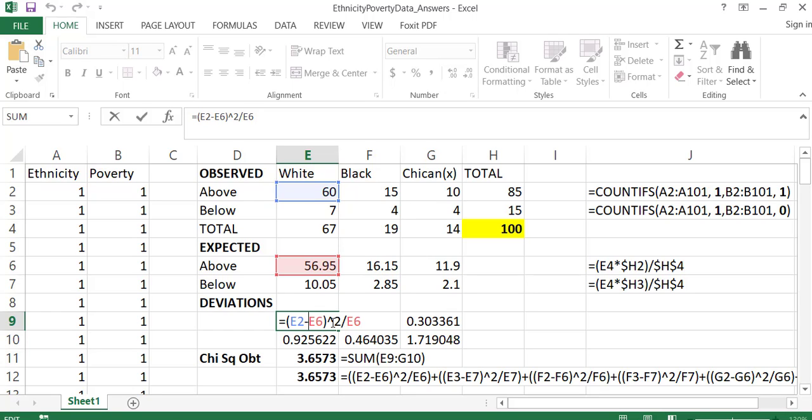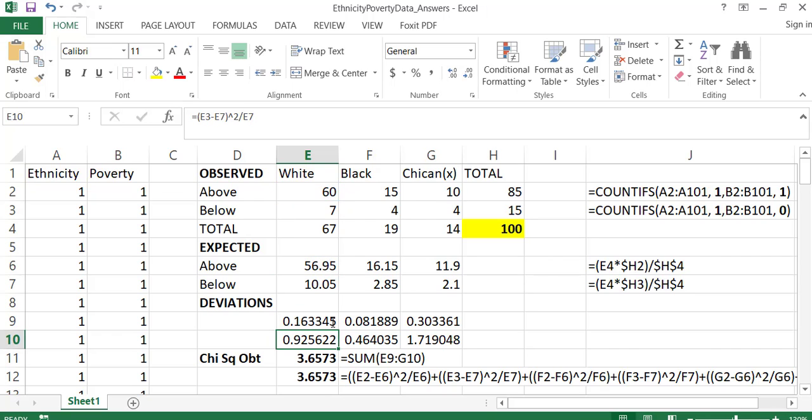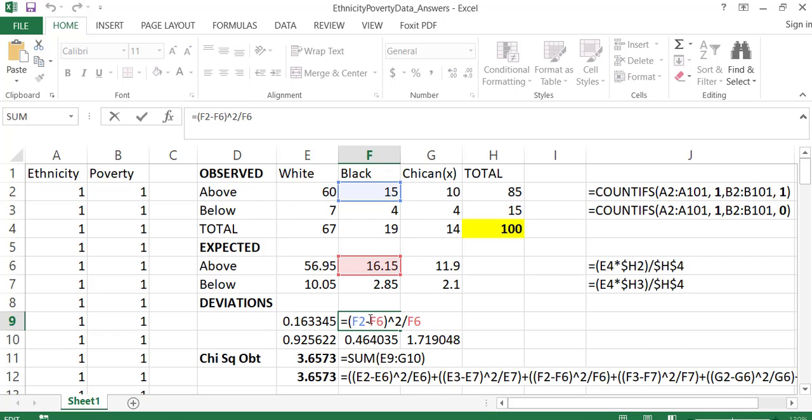So if you look back at the other video, we introduced the FO, frequency observed, minus frequency expected, divided by frequency expected. And then for the next one, same basic idea, frequency observed for the black individuals above the poverty threshold, minus the frequency expected for black individuals above the poverty threshold. Square that difference, square that deviation, divide it by the frequency expected.